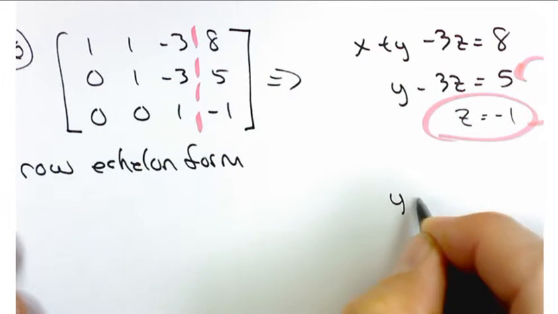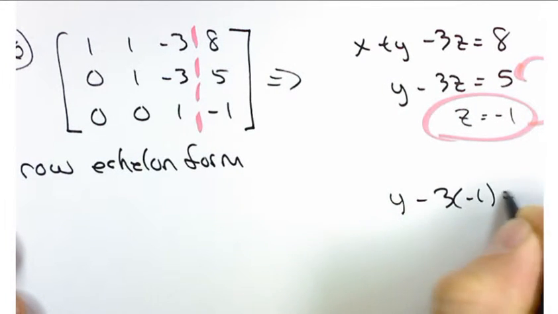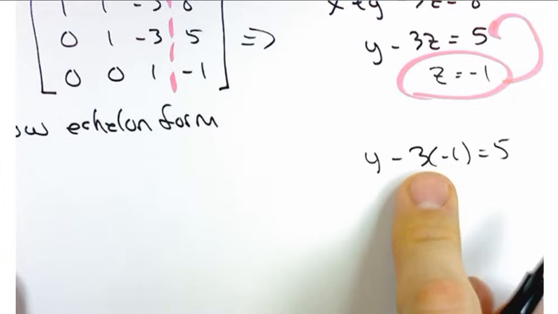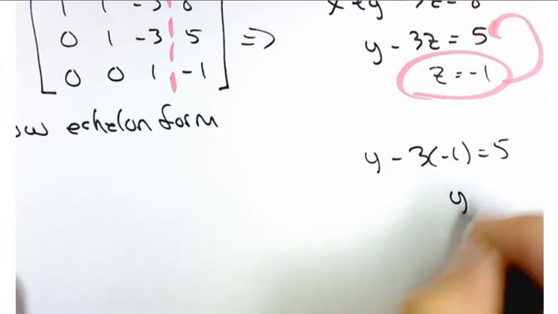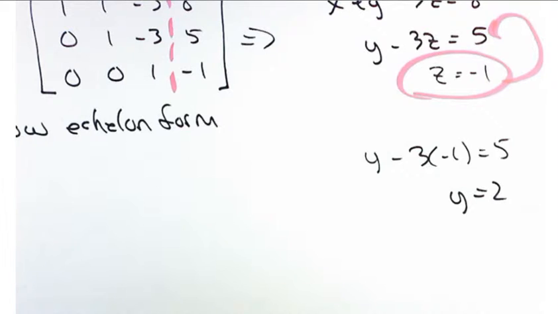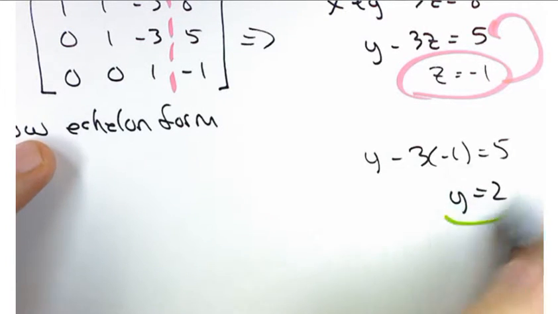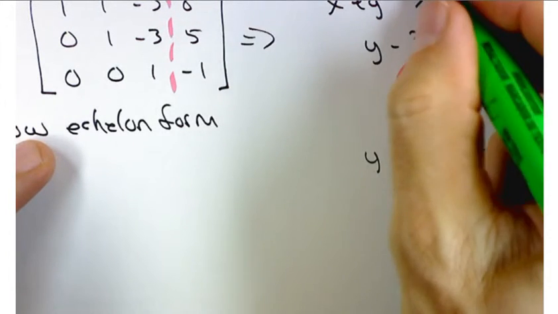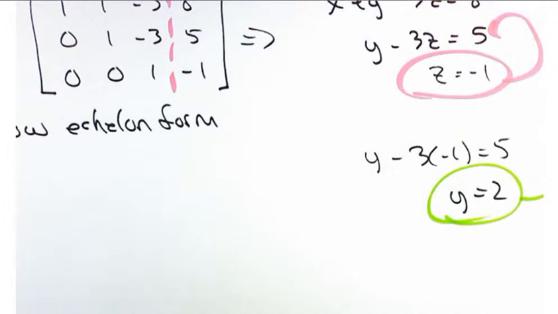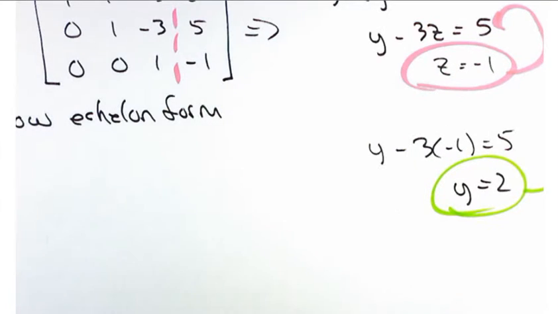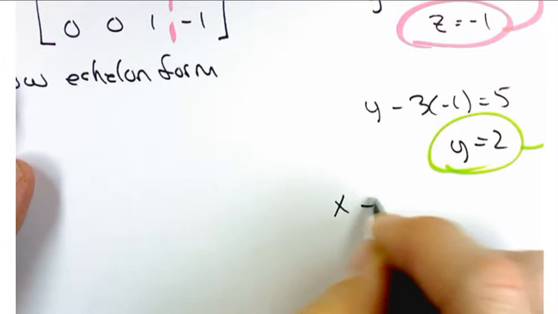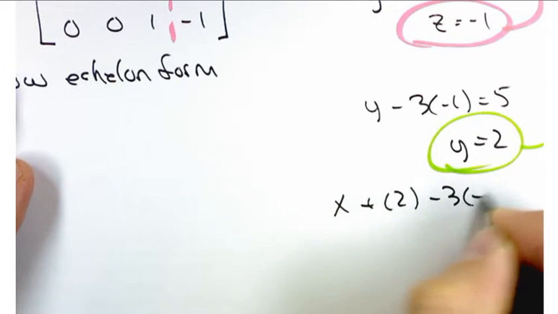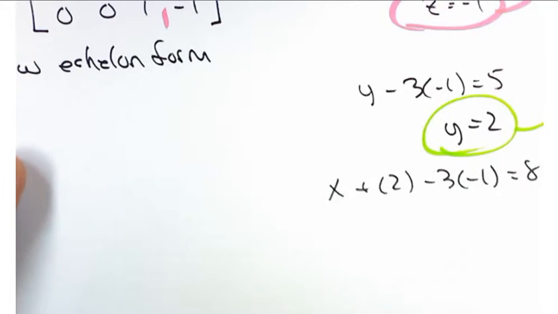So I get y minus 3 times negative 1 equals 5. So that's a plus 3. Subtract from both sides. I get y equals 2. Great. Y equals 2. Substitute that back into here, along with z equals negative 1. And wow, x plus 2 minus 3 times negative 1 equals 8.